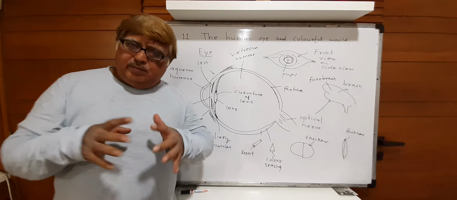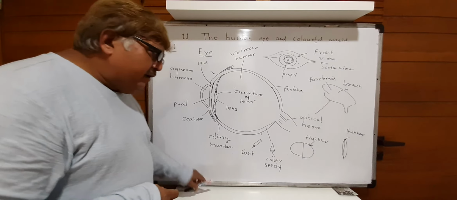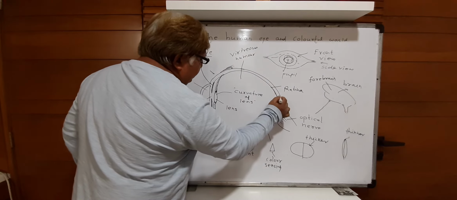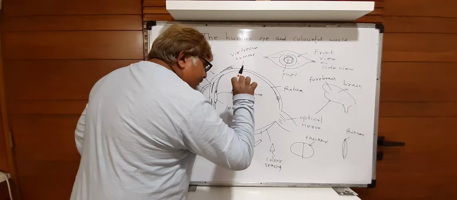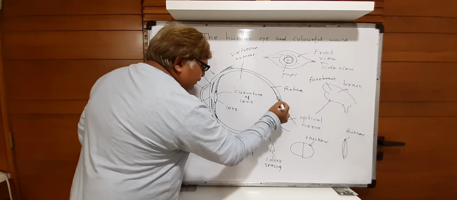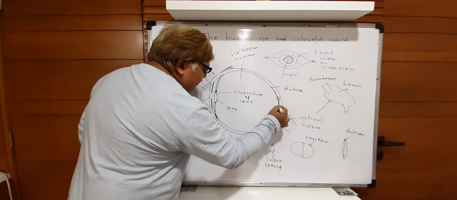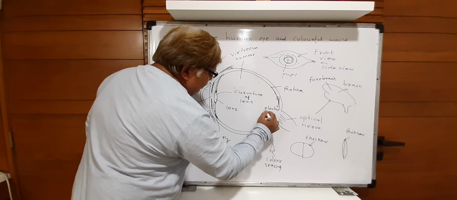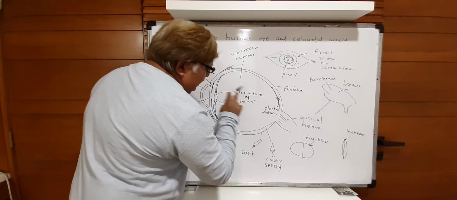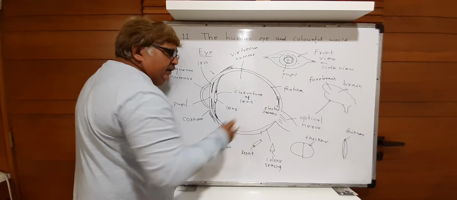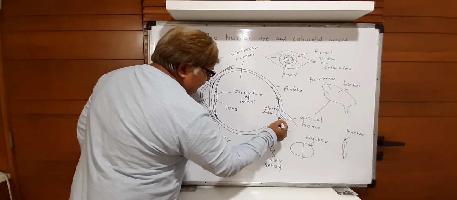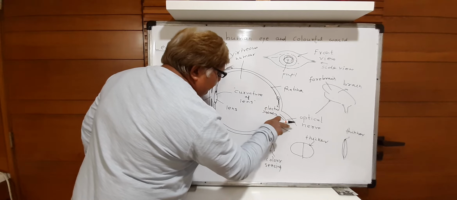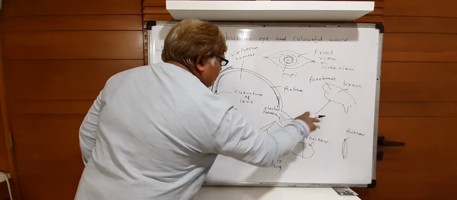The same type of light illumination takes place on that part of the retina where the image falls, and that illumination of light creates some electric signal. So light is actually converted into electric signal, and this electric signal via the optic nerve reaches our brain.